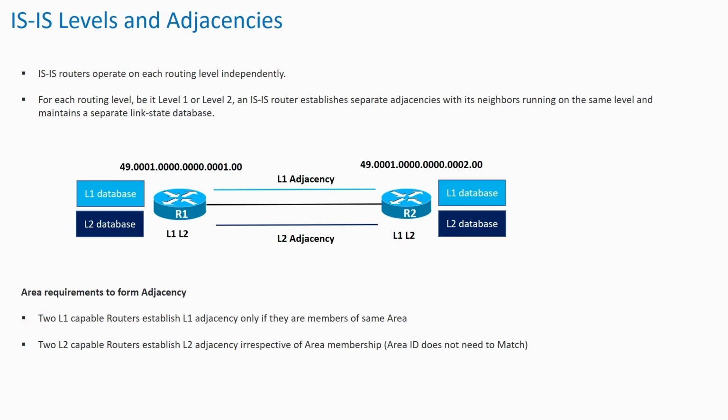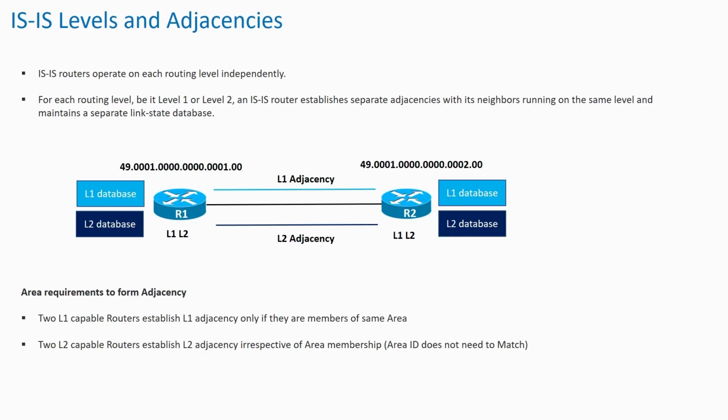Now let's discuss the ISIS levels configured on the router and its impact on the adjacencies. ISIS routers operate on each routing level independently. For each routing level, be it level 1 or level 2, an ISIS router establishes separate adjacencies with its neighbors running on the same level and maintains a separate link state database. To understand this, let's consider a simple example with two routers.